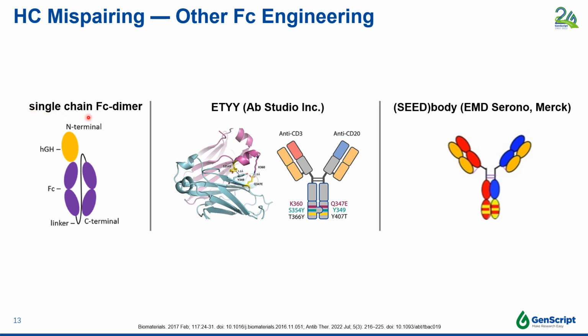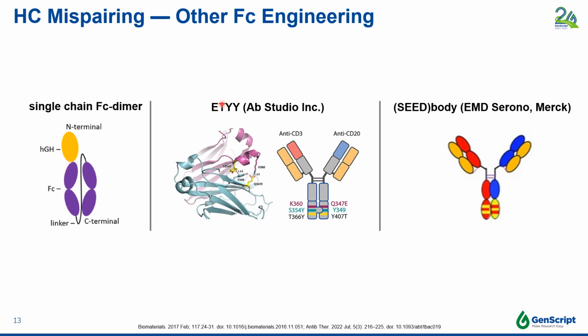This is single-chain Fc domain, using a long linker linking two Fc, and the variable region could be attached. The problem for this design is that the yield could be relatively low, and there will be aggregates, so we have to do a second purification step to remove aggregates.